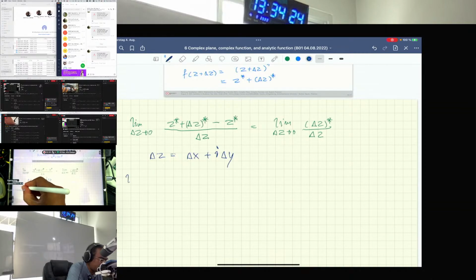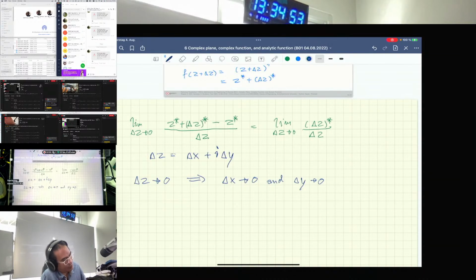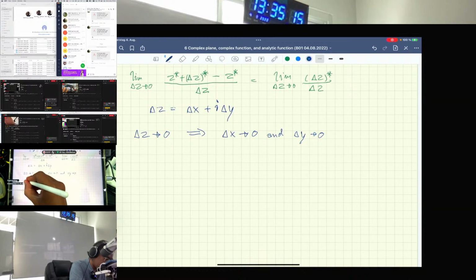So the limit, once we say delta z goes to 0, it means we need to say delta x tends to 0 and delta y tends to 0 too, right? Because delta z is delta x plus i delta y. If you want to make delta z be 0, the real part should tend to 0 and the imaginary part should also tend to 0. You get something like that. All right. So let's talk about delta z star.